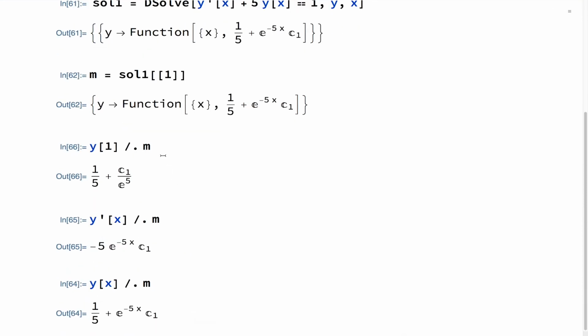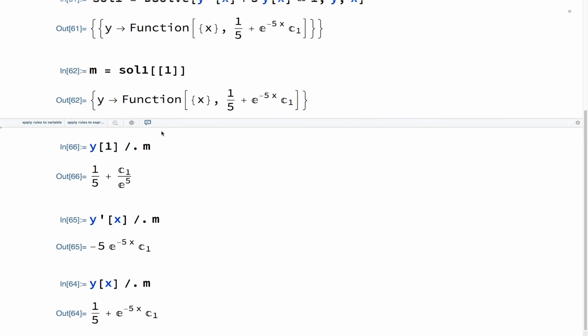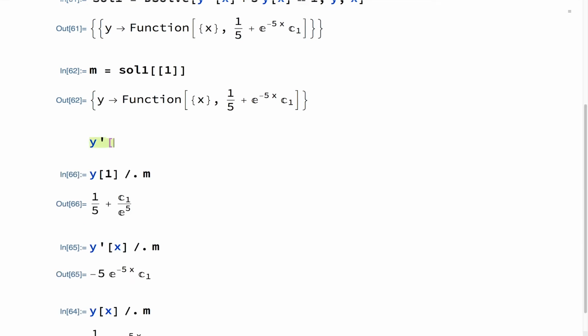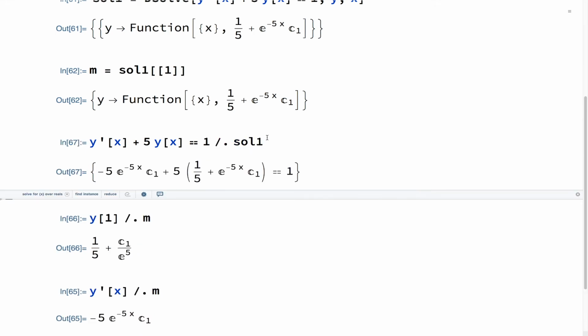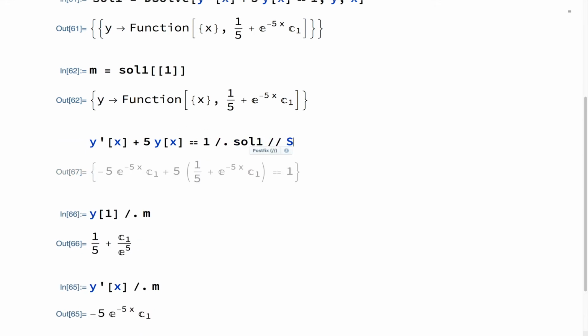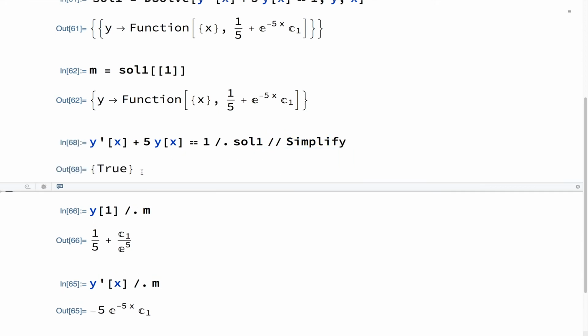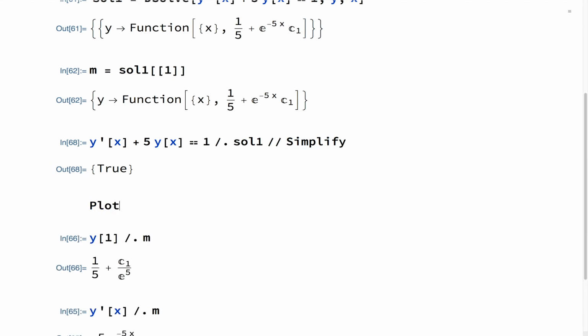And then we notice that we can always verify the solution. So you can also use, after solving, y'[x] + 5y[x], let's retype the equation, and then we can replace it with solution 1. If we simplify this, it will verify this, and then I can also have the plot for this. So we can use the Plot function.